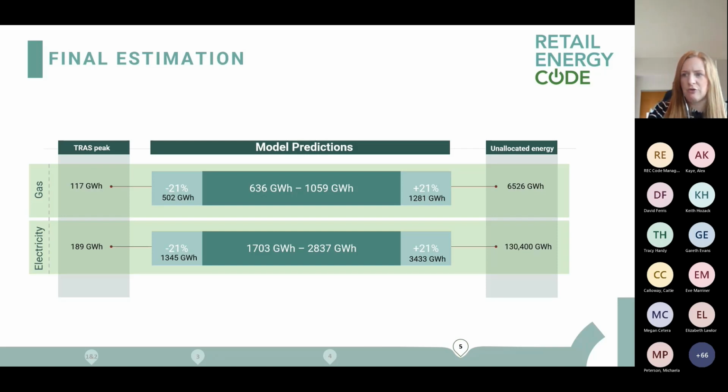So our value of energy theft was between 1,700 and 2,800 gigawatt hours, again with a plus and minus 21%.